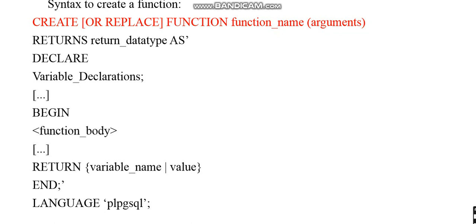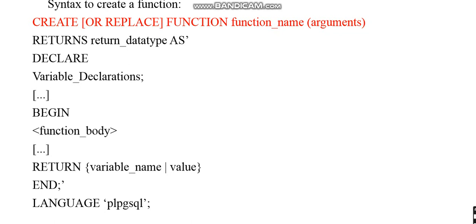Function is the keyword which tells that this syntax or this program is a function. This function underscore name is the user defined function name. Whatever name the user wants to give to the function, they write in place of that.